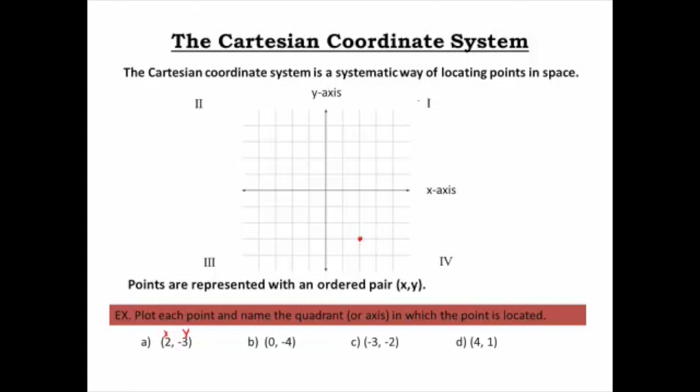We draw a point to represent the point we're talking about, and we label it with its coordinates, 2, -3. Since it's down here in the bottom right corner of the space, this is quadrant 4.